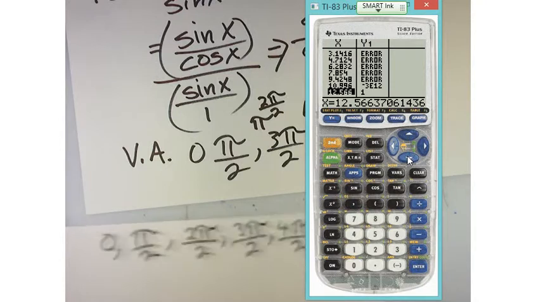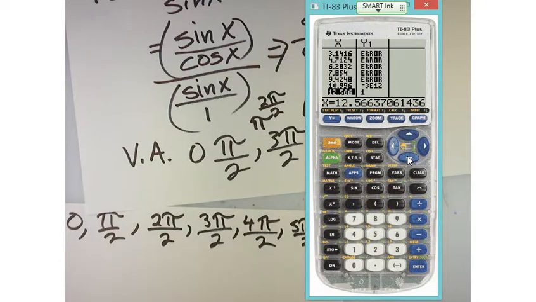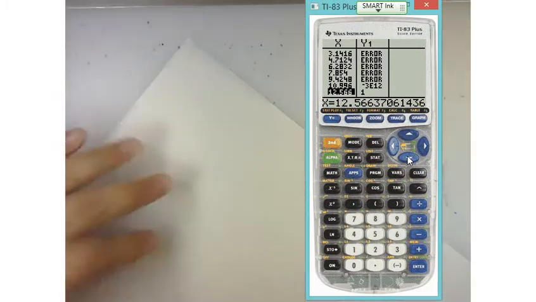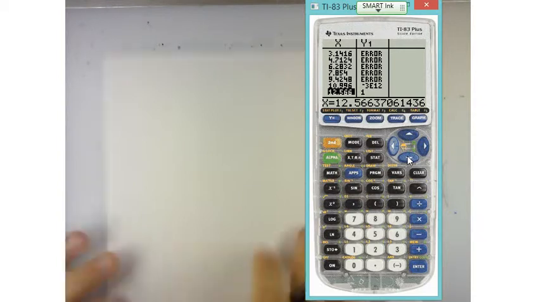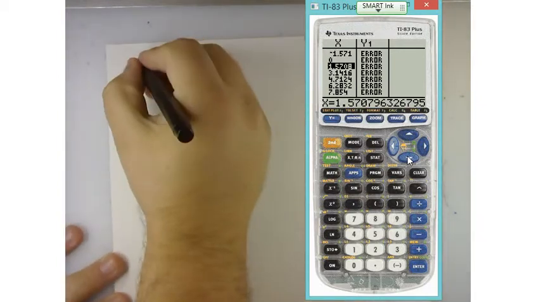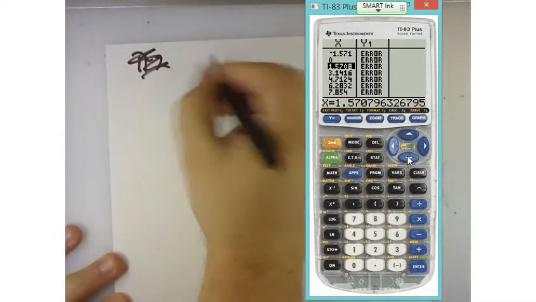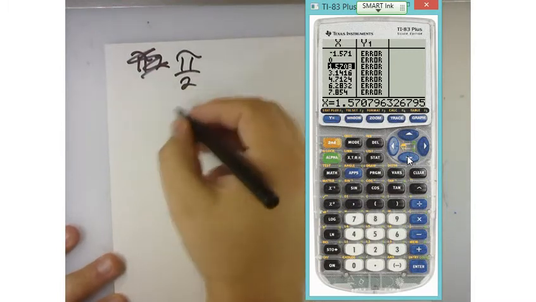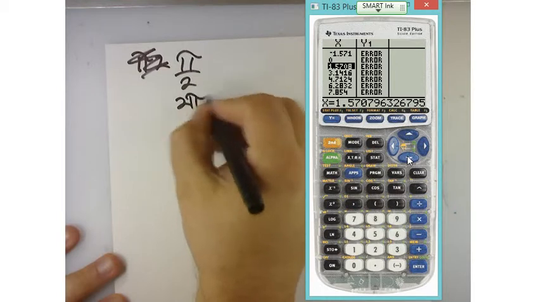So if I look at that on my paper, and I'm running out of room, it looks like I have a vertical asymptote. Let's write this down. Let's go back. Pi over 2, right? And then 2 pi over 2, I have a value.